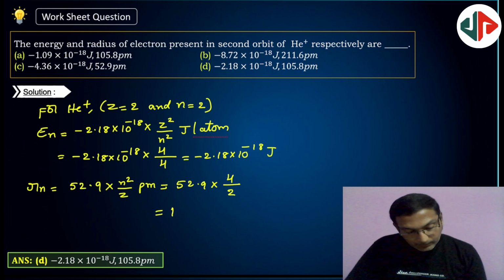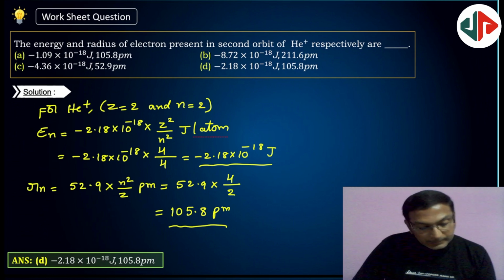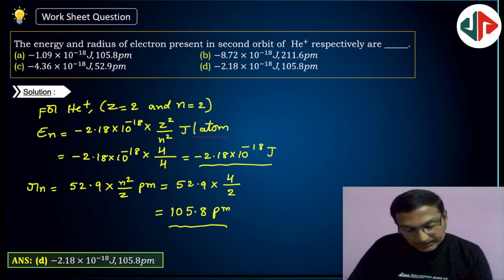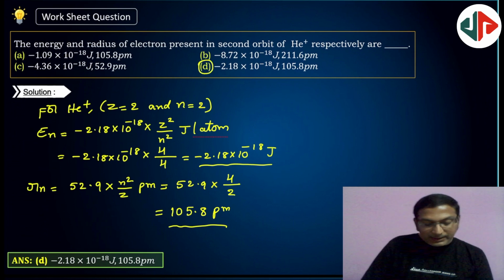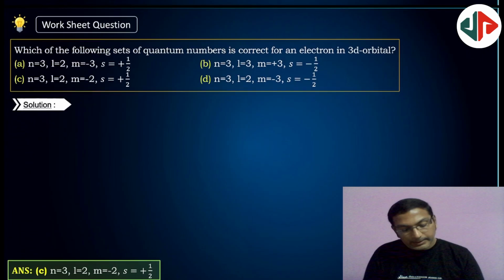Therefore, 105.8 picometers. So this is energy and radius. So option will be D: minus 2.18 into 10 power minus 18 joules, 105.8 picometers. Remember these two expressions, energy expression as well as radius of nth orbit. Next question.